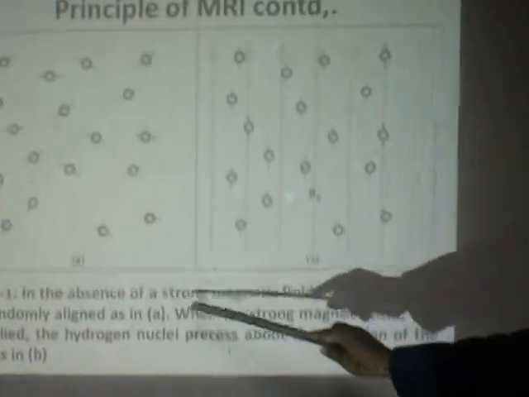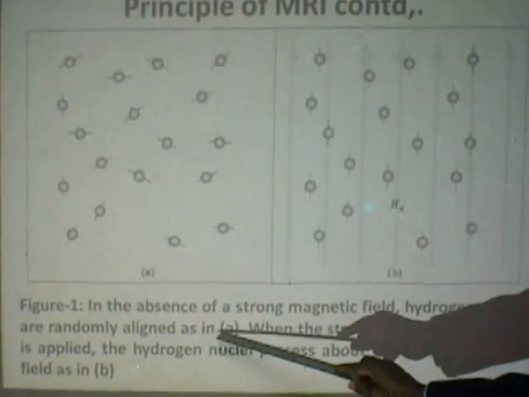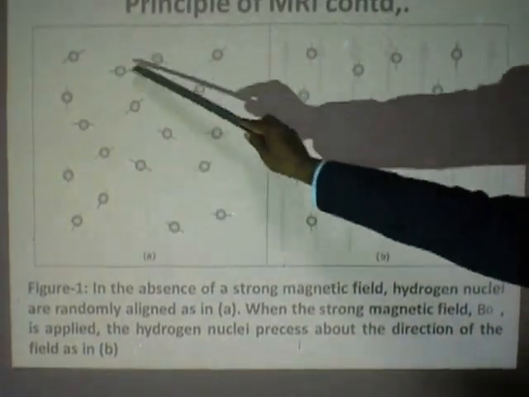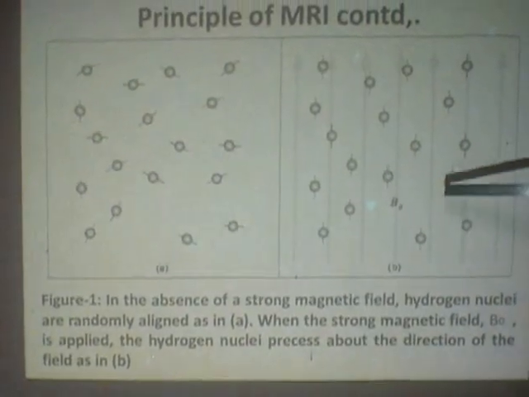Here, in the absence of the strong magnetic field, the hydrogen nuclei are randomly aligned, as shown in figure A. Here, the hydrogen atoms are randomly placed. When the strong magnetic field B0 is applied, the hydrogen nuclei precess about the direction of the field, as shown in figure B.